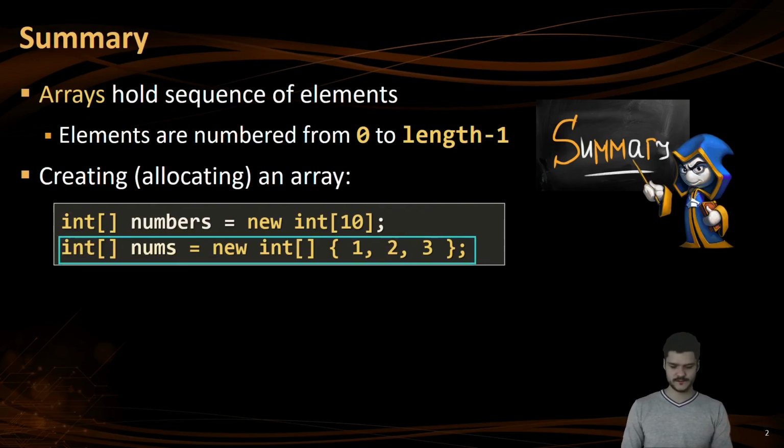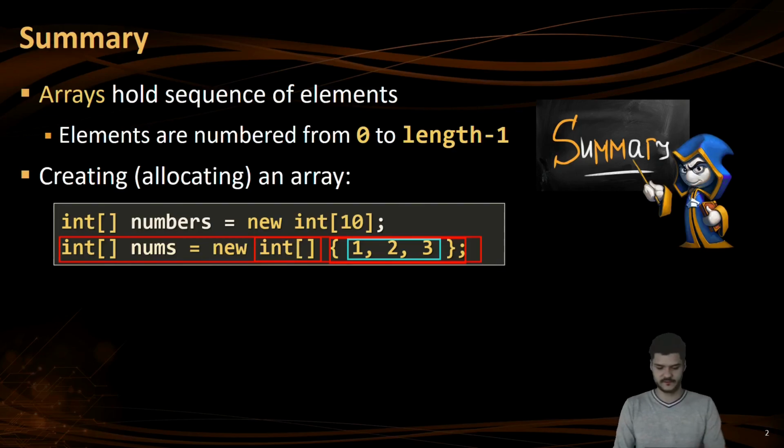This is how we define an array with predefined values. As you can see here, we don't state the length of the array because we hard-code the values, and it gets the length from the declared values. Here the array will be of length 3, right?